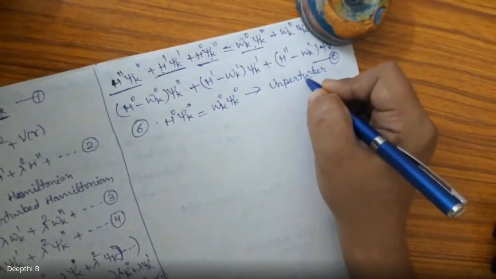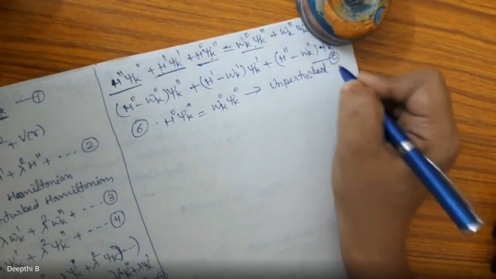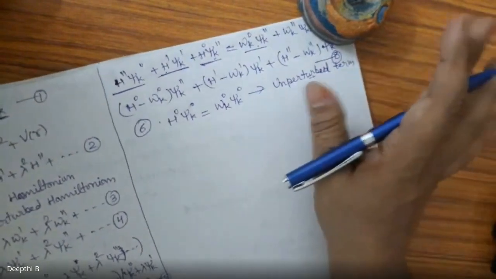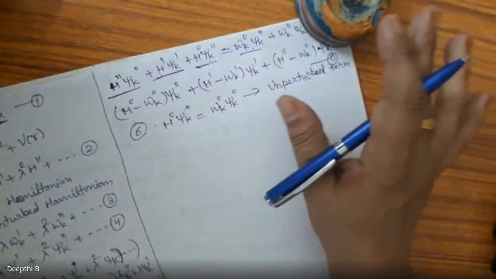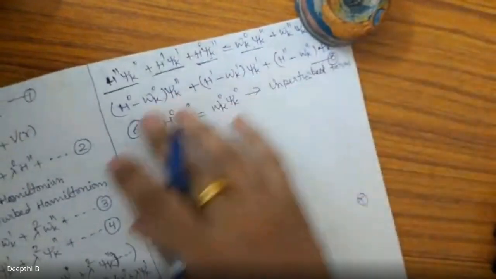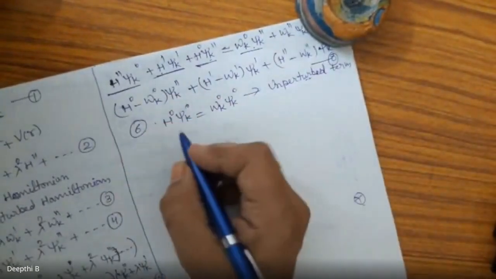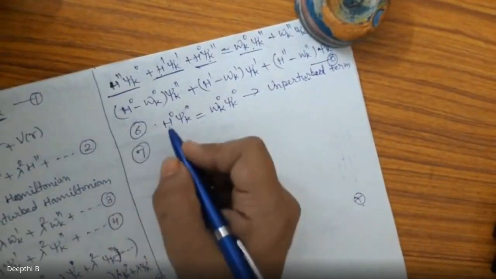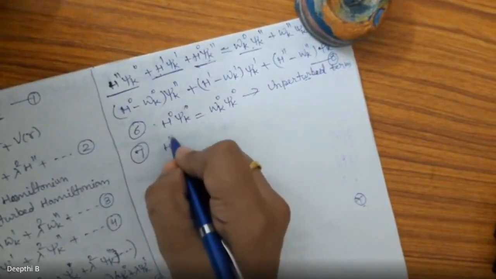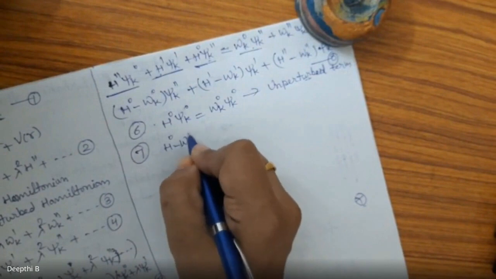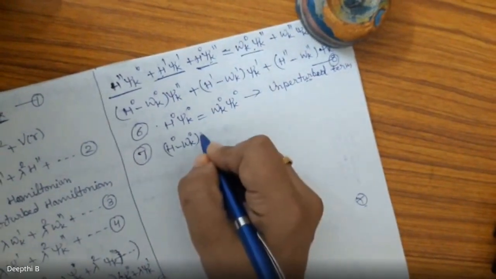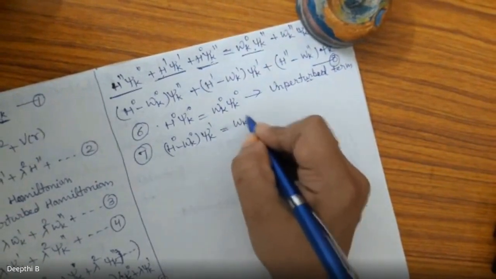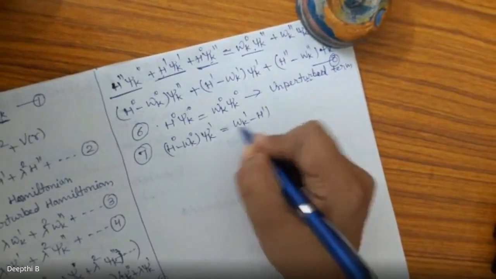Unperturbed means there is no change in energy, no agitation in the electrons. The atom is unperturbed; there is no change. Then the first order, equation 7. What is equation 7? It is H naught minus Wk naught, psi k dash, equal to Wk prime minus H prime.